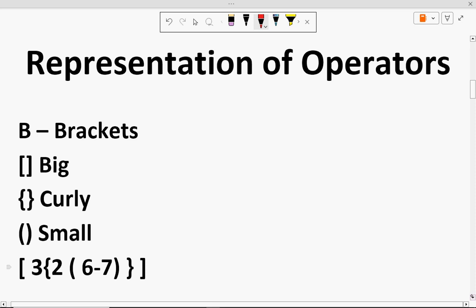In this case we can see that the condition for the big bracket is 3 times the curly bracket, and the condition for the curly bracket is 2 times the small bracket.